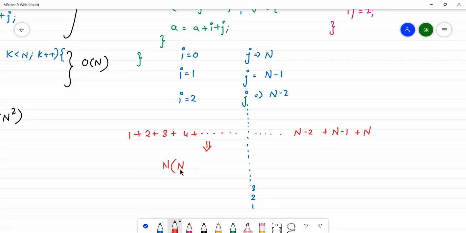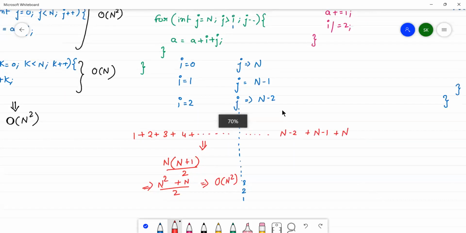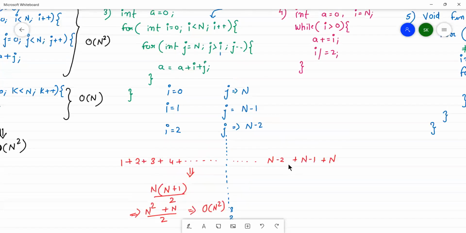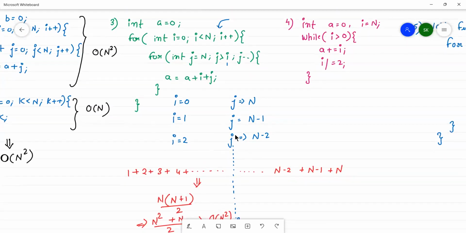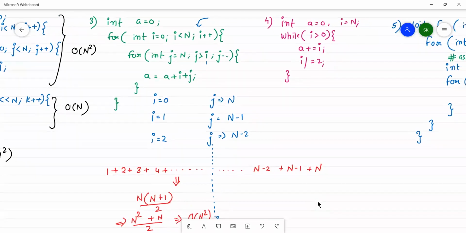Its formula is n into n plus 1 divided by 2. So overall it's going to be n square plus n divided by 2. The overall complexity is going to be order of n square, because n square has the upper hand. Just knowing that there are two loops running and concluding n square is the wrong way. Try to solve it and then state the time complexity. Clear?